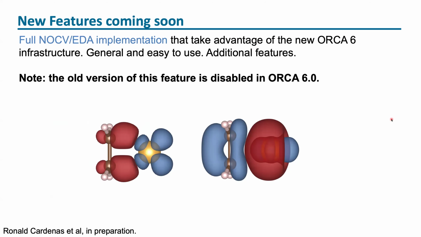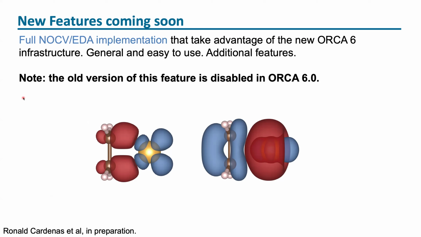And so a final point that I want to make concerns the implementation of the natural orbitals for chemical valence scheme in conjunction with the energy decomposition analysis in ORCA. Now, thanks to the major rewriting of the SCF code in ORCA 6.0, it was possible for us to rewrite from scratch the scheme in a way that is now more efficient and user-friendly, and also including a number of entirely new features that we are currently documenting in a manuscript, which I hope we should be able to submit soon.